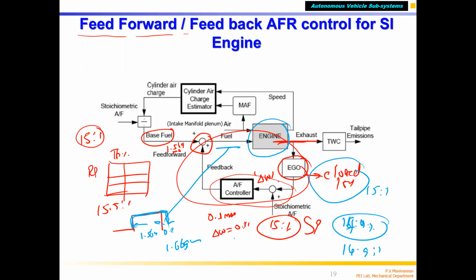Instead of 0.1, the delta W may be 0.08 milliseconds. So 1.569 plus 0.08. Now the new pulse width will be this.